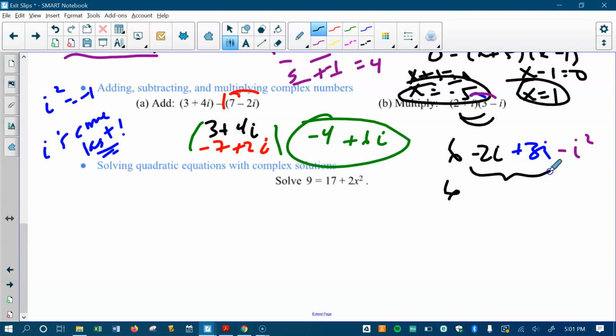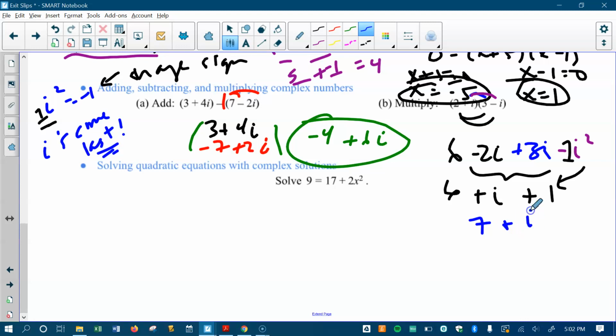So 6, this is a positive i, and then this is going to be plus 1. The reason it's plus 1 is there's a -1 there, and i squared is equal to -1, or i squared just means change the sign. Because before there's a positive 1, and positive 1 times i squared is -1. Just makes the sign negative. So my final answer here should be 7 plus i. And please note, i's come last.